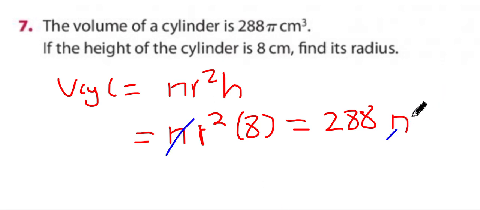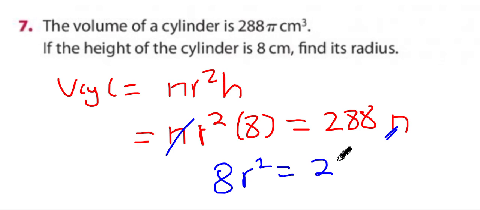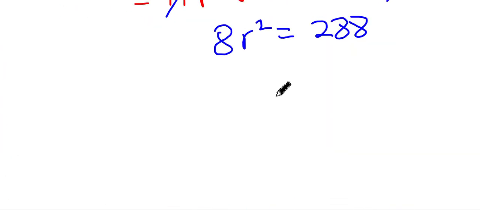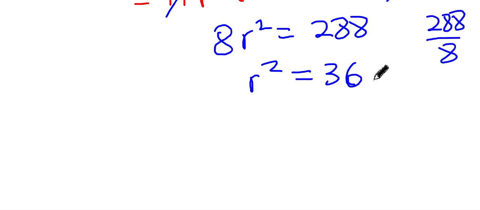Cancel the pi's. And then, exactly. Now, what's going to happen next is it's going to be 8r squared equals 288. Divide the 288 by 8 and what do you get? 36. And then square root of 36. And there you go.